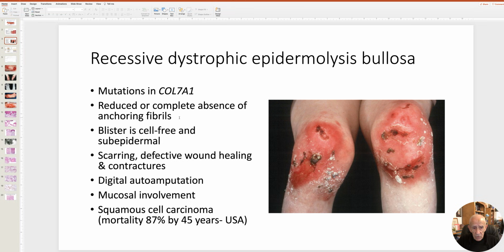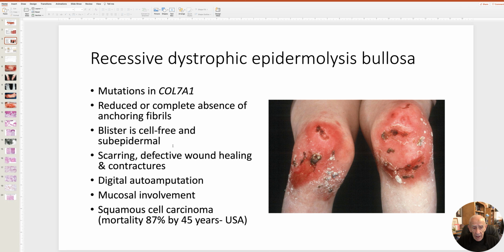And type 7 collagen is essentially what holds the epidermis onto the dermis. So when you have a mutation of type 7 collagen, the epidermis readily separates from the dermis to give a cell-free subepidermal blister.